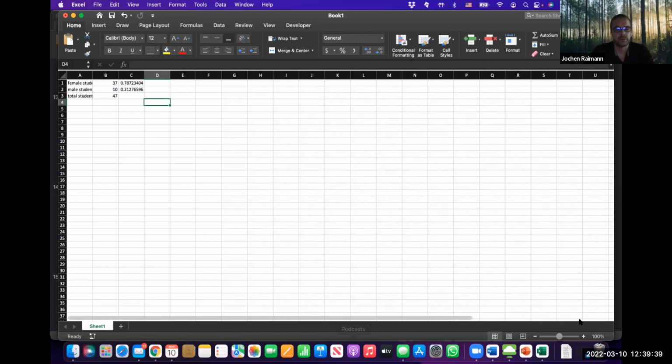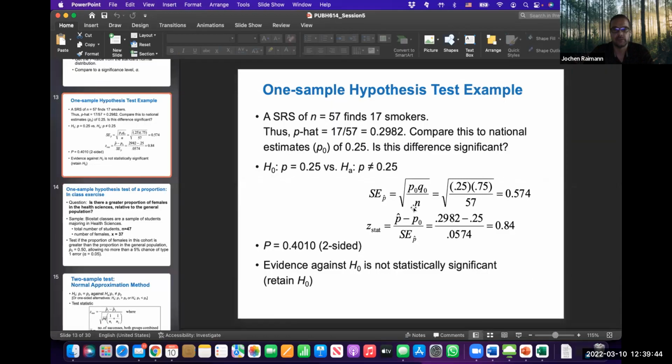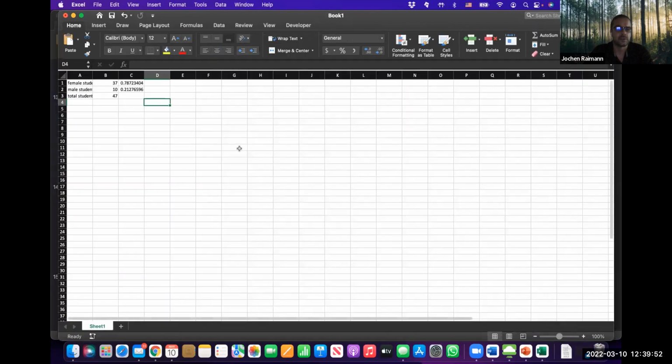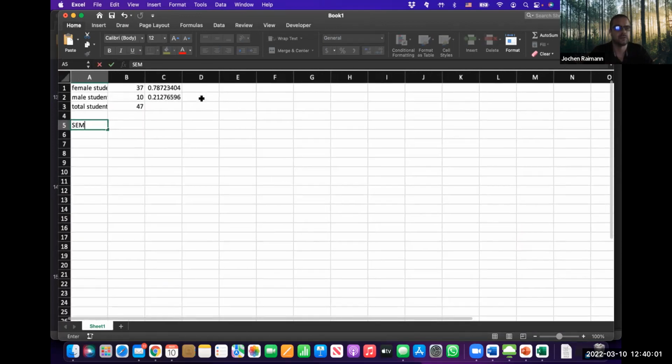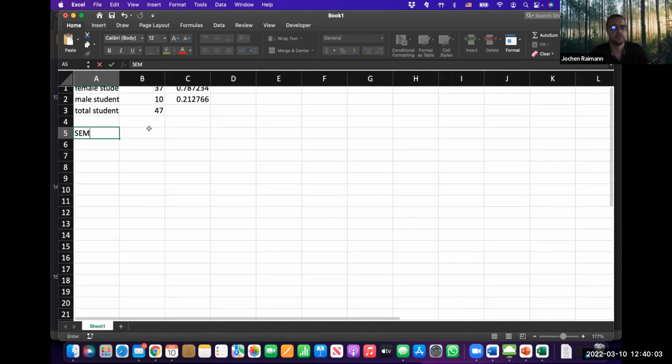So if we are going back to the slides now, we have to calculate the standard error of the mean. This is P0 multiplied by Q0 divided by N, and then the square root. So essentially we're getting SEM. Wait, let me see a minute. Is this big enough? Is it visible? Yeah, that's good.